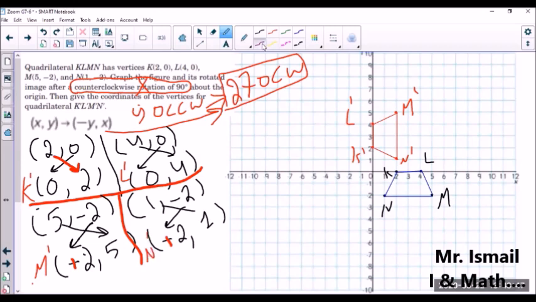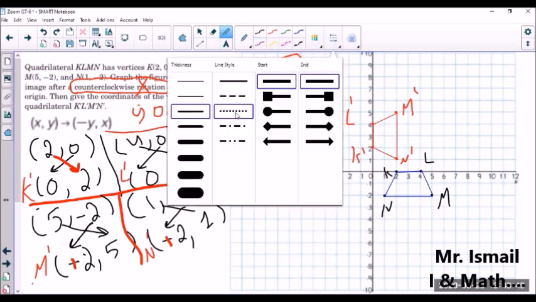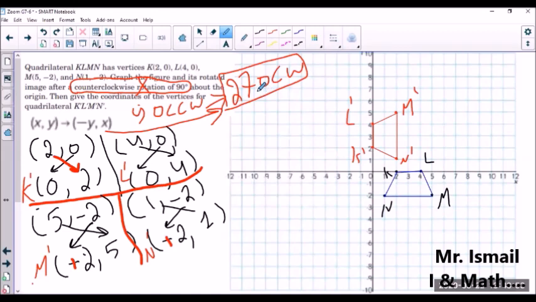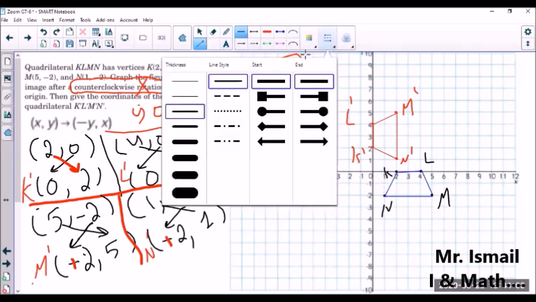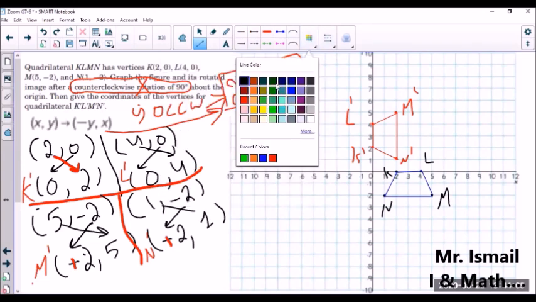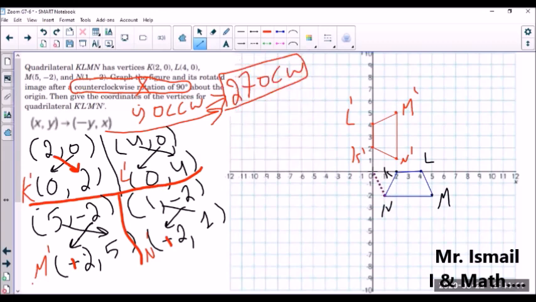Let's check and see where the 270 is. Let's choose two points. You see the 90.